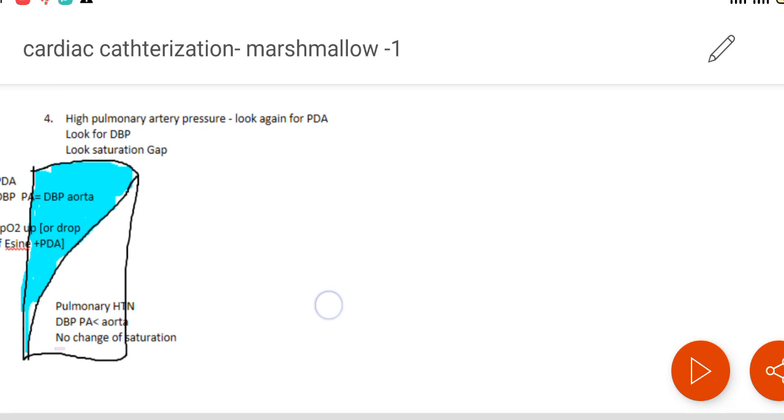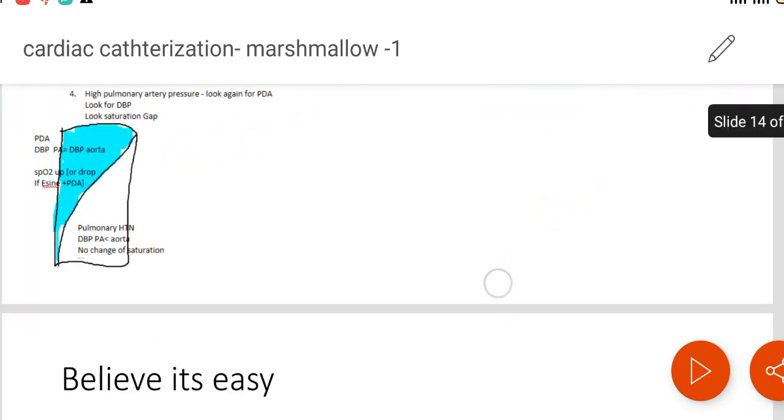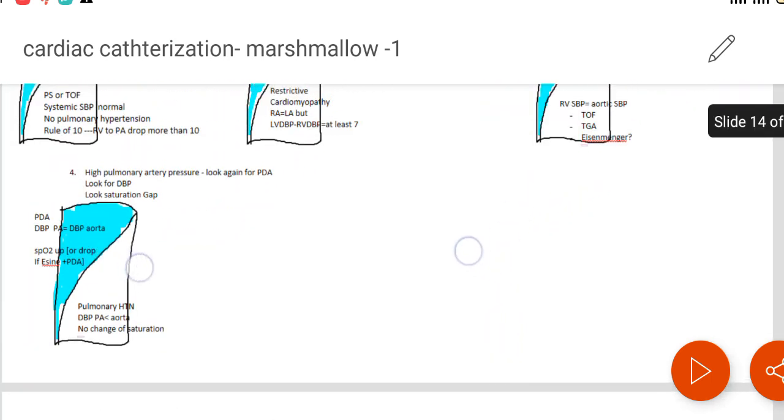So saturation change occurs with the PDA. But with pure pulmonary hypertension, there is no saturation change. Although for pulmonary hypertension per se, the pulmonary artery pressure will be high, more than 20. That will be there. So again we are moving back to summarize that.